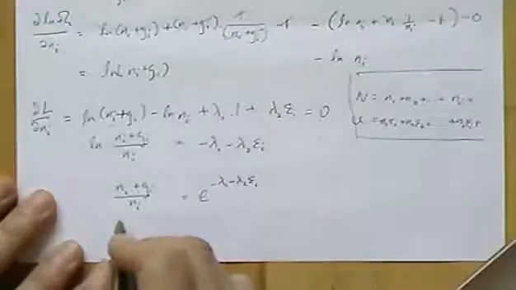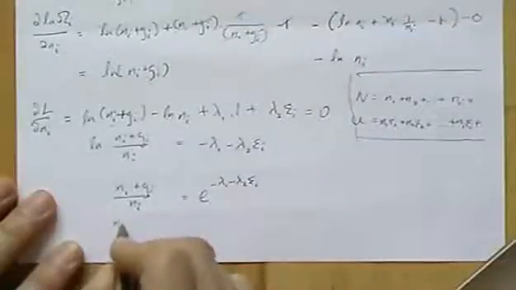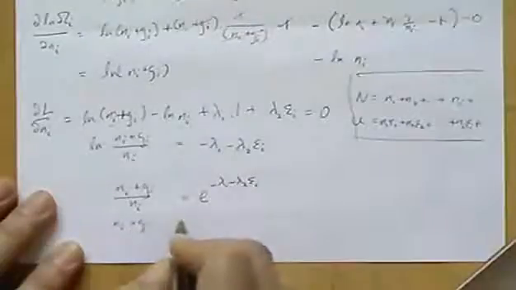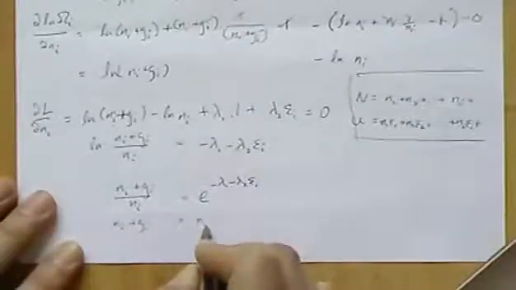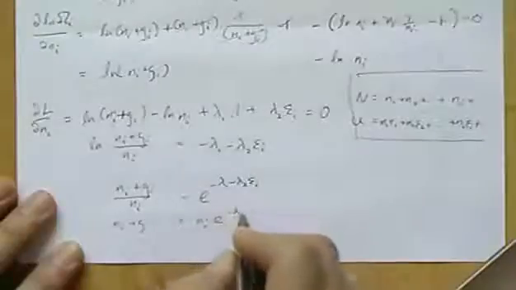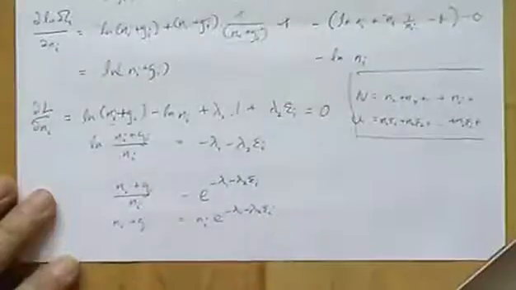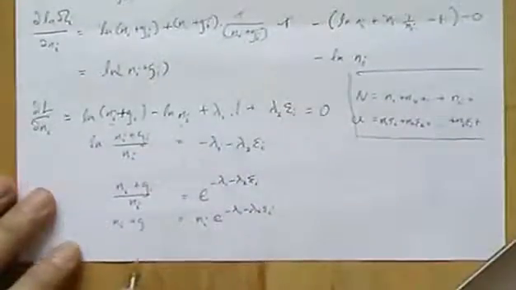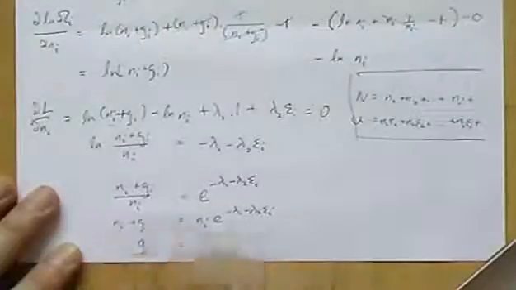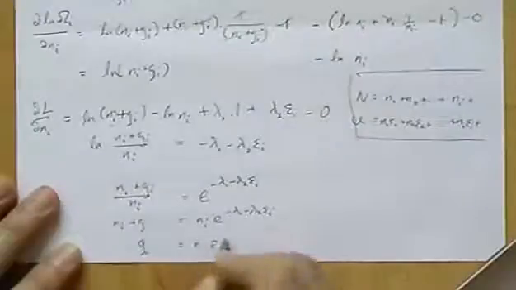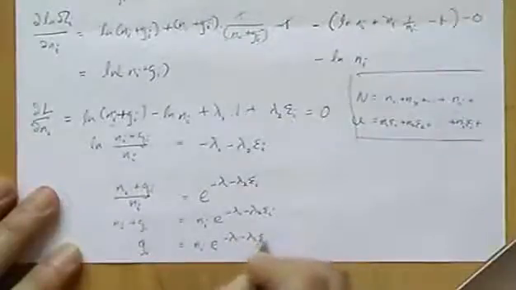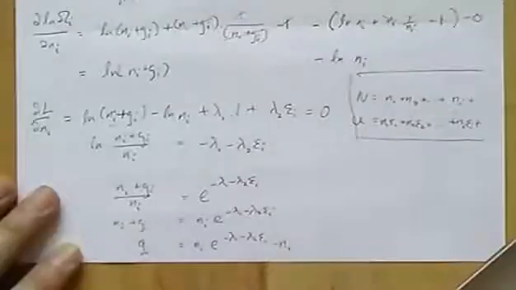So ni plus gi is equal to ni e to the minus lambda 1 minus lambda 2 ei. Then gi, bring that over. And then I can factor out ni and make it the subject. So we're almost there.